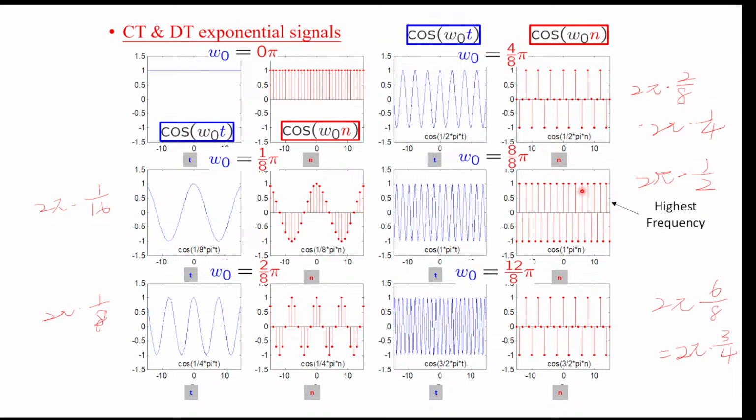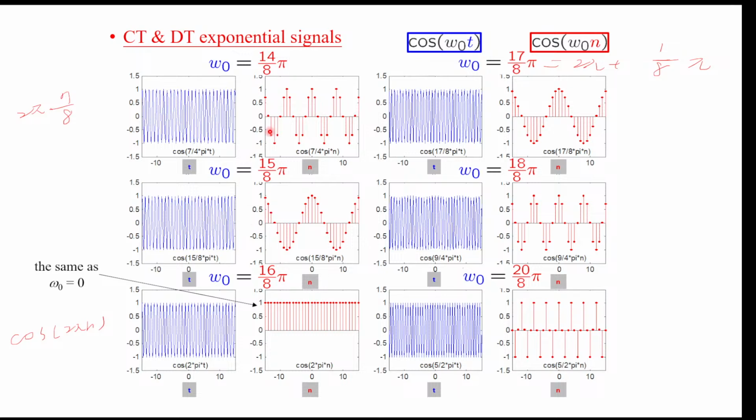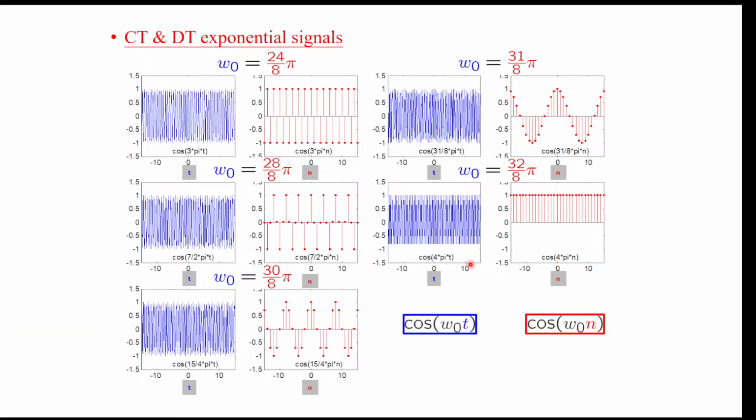So the highest frequency is when omega naught equals pi, and when you increase the frequency too much, the signal actually looks like it's oscillating slower, and when omega goes to 2 pi, it goes back to a constant function, and it just keeps repeating itself as omega increases between 0 to pi and 2 pi to 4 pi, etc.